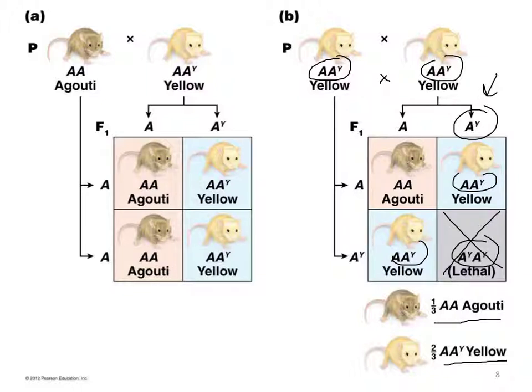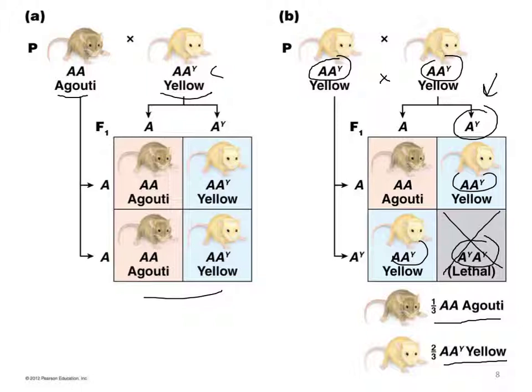And then they did additional experiments to support their hypothesis. So when they hypothesized that when you were crossing agouti by yellow, the agouti mice were usually big A, and the yellow were heterozygous, big A and A superscript Y, as shown here. If they reproduce, then the results of the crosses are shown here in this Punnett square on the left.